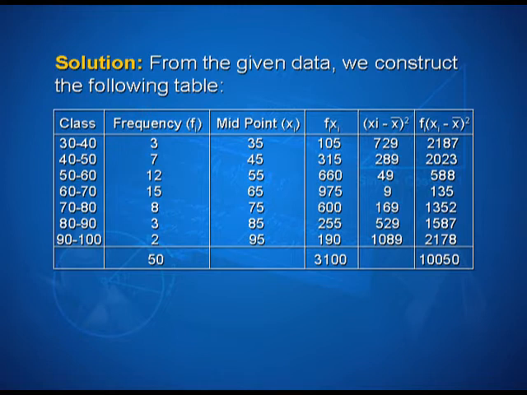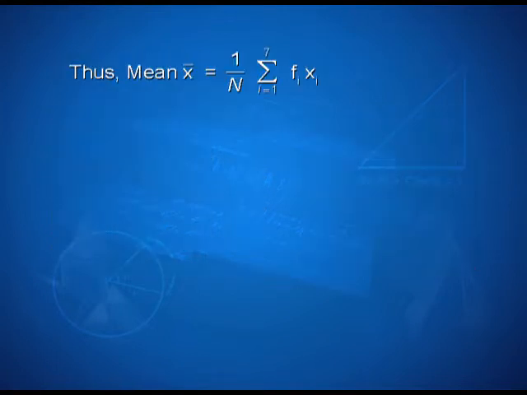Last column shows us the product of Fi and Xi minus X bar the whole square, that gives us 2187, 2023, 588, 135, 1352, 1587 and 2178. That gives us 10050 as the sum.